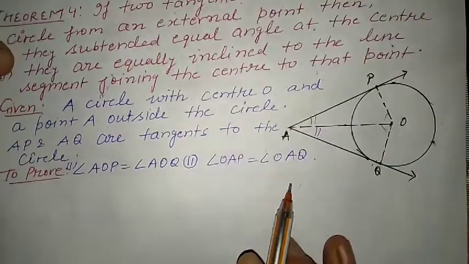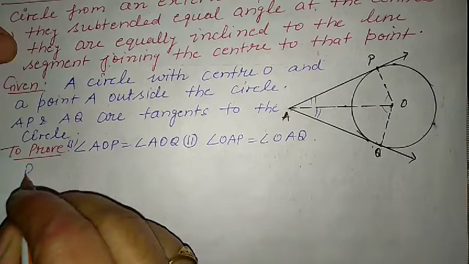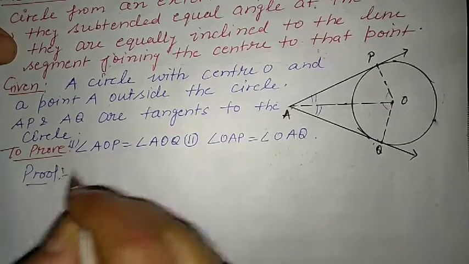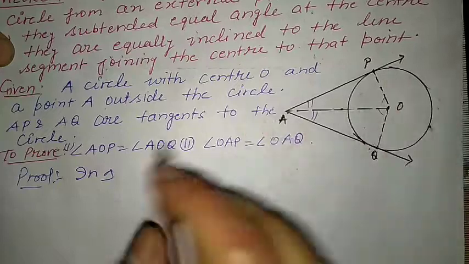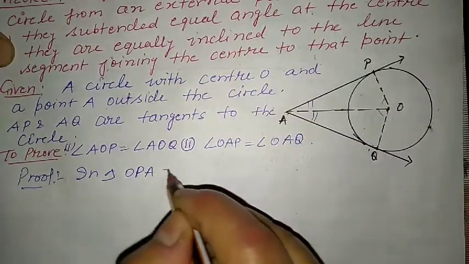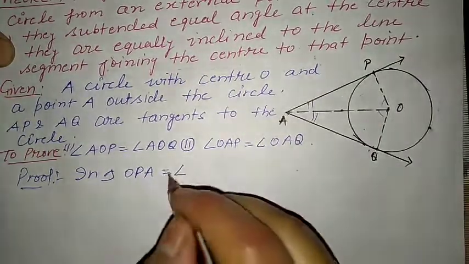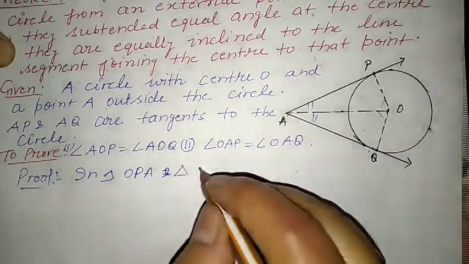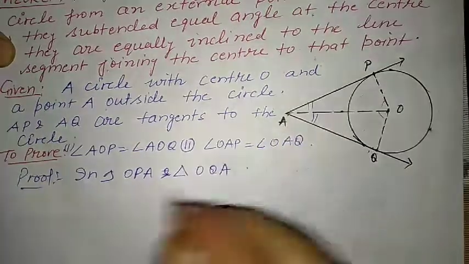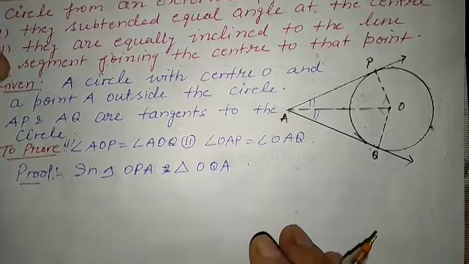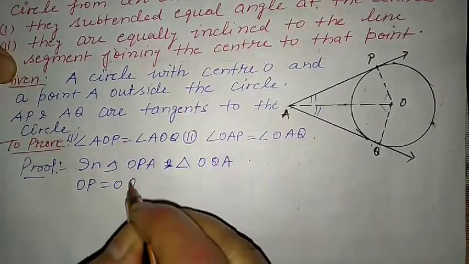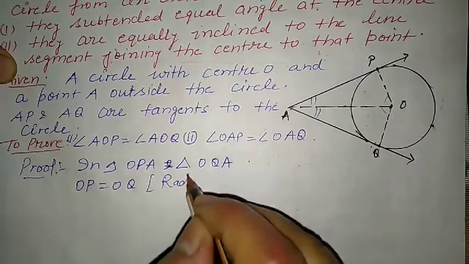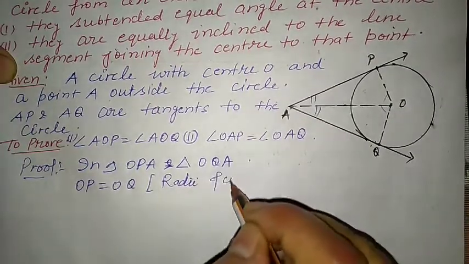For this, we also have to take two triangles. In triangle OPA and triangle OQA, we will take this. So OP is equal to OQ, same reason, radii of the circle.